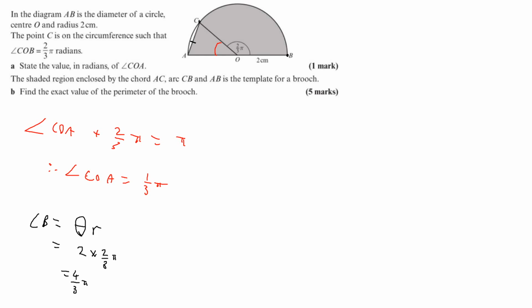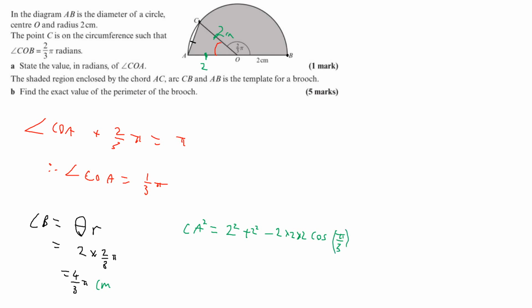Okay? Now, this is a radius, and this is a radius. So we both know that these are 2 centimeters, okay? So therefore we can say that CA is equal to the cosine rule. We're going to use the cosine rule, yeah? So, CA squared is going to be 2 squared plus 2 squared minus 2 times 2 times 2 cos pi over 3.